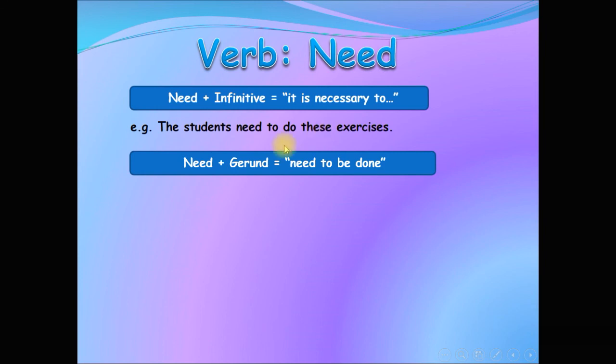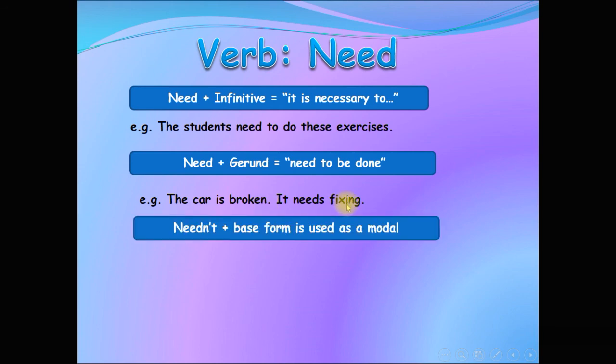So the meaning is passive in need plus gerund. The car is broken. It needs fixing. It has the same meaning as it needs to be fixed. Okay, so need plus gerund means passive. Needn't plus base form is used as a modal. You needn't hurry up. This is the same as you don't have to hurry up. So needn't is used as a modal.